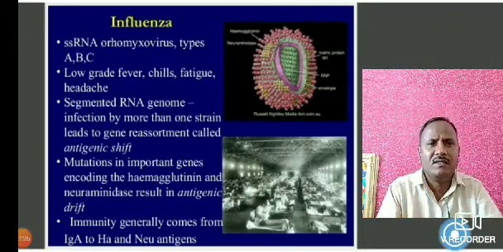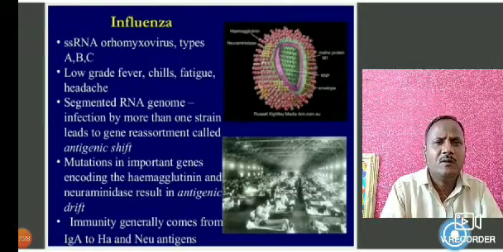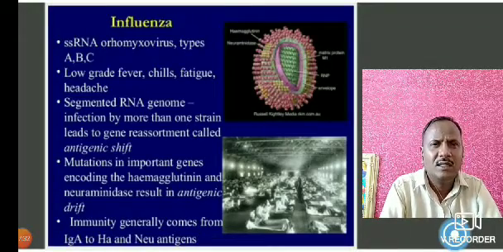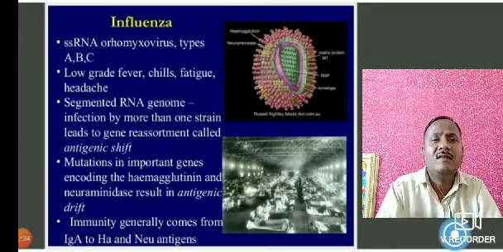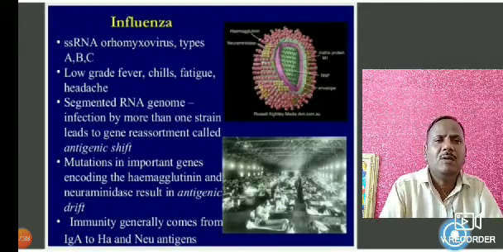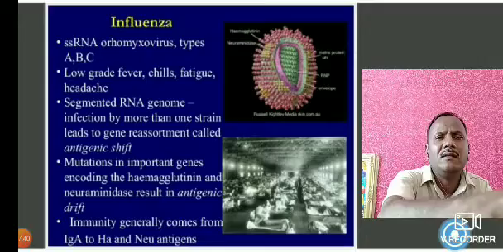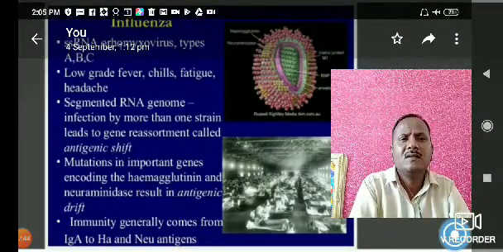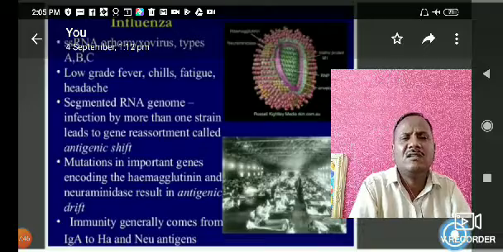Because there are three different strains, if infection of the segmented RNA genome occurs, it means an assortment, an antigenic shift type of infection. Mutation in important genes encoding hemagglutinin and neuraminidase results in antigenic drift.